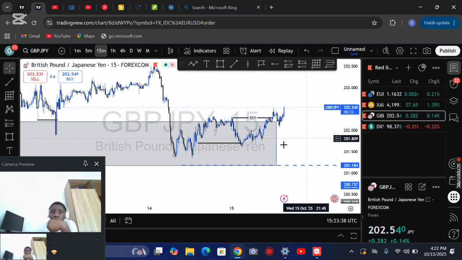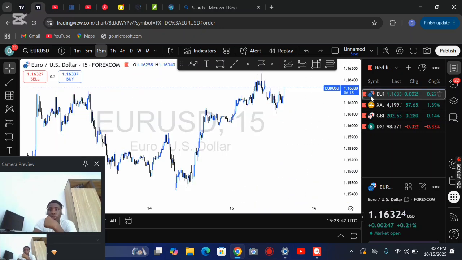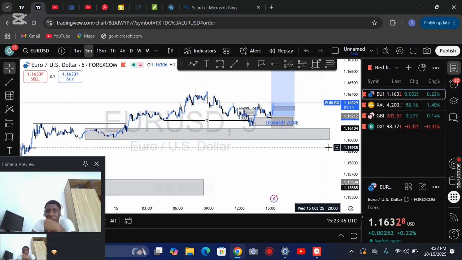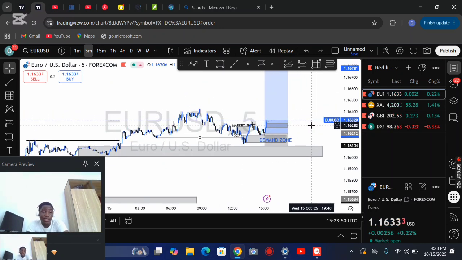I'm expecting a pullback to the zone now, which I think it already did. But right now what we're concentrating on is our EU. Guys, we're blasting through past. Boom, that's so nice. There are some big moves here. Alright, I'm going to cut short right now, come back and we'll take a look.